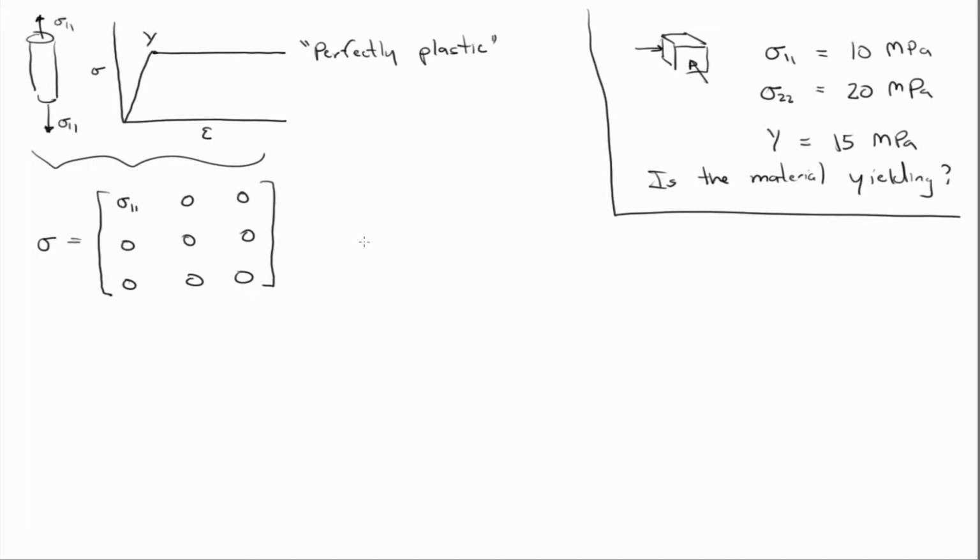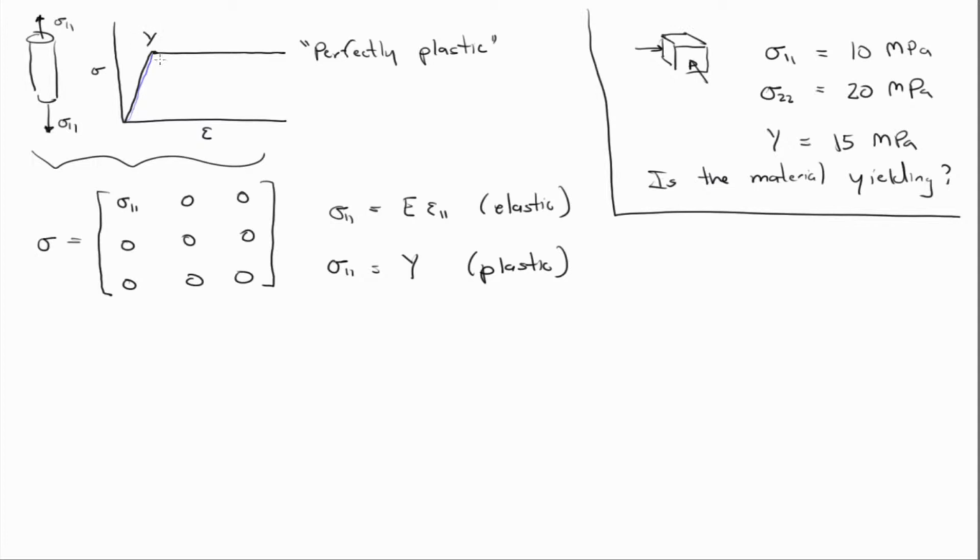So clearly sigma 1,1 is equal to E, the Young's modulus, times E11 when it's elastic, and then when it's plastic, it's equal to Y. And since it's perfectly plastic, it's always equal to Y. In other words, if we follow the stress strain curve, if I increase the strain, I'm elastic, I'm elastic, I'm elastic.